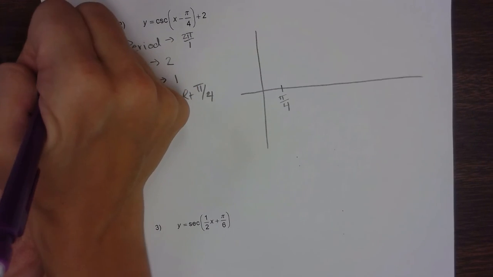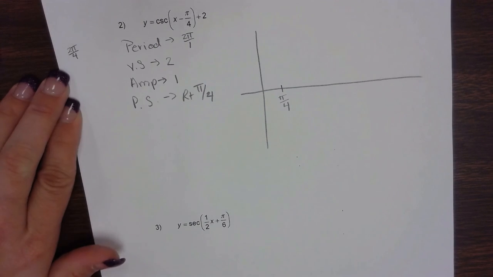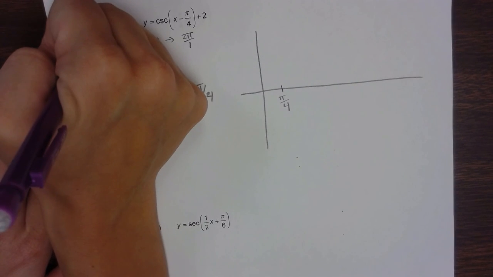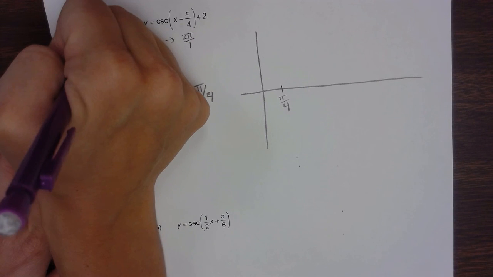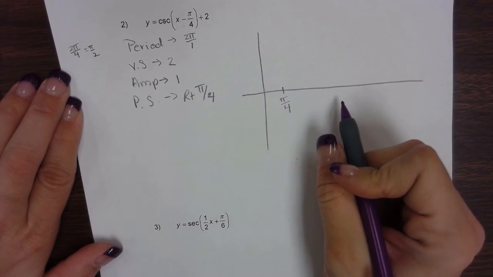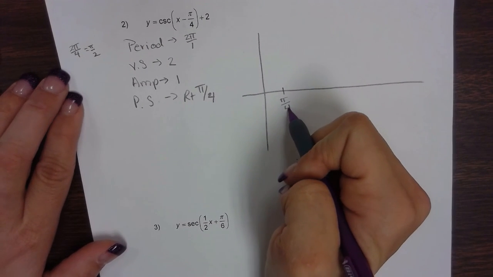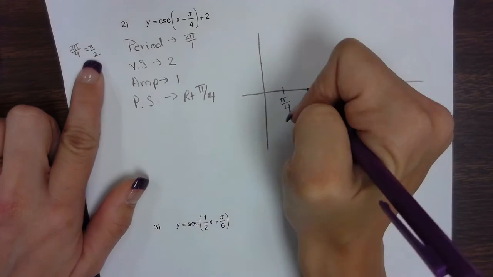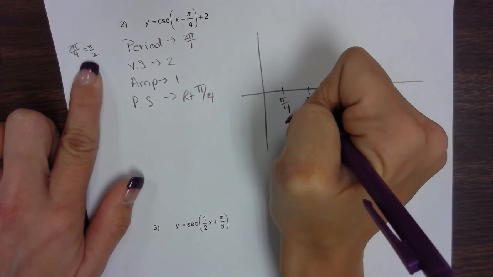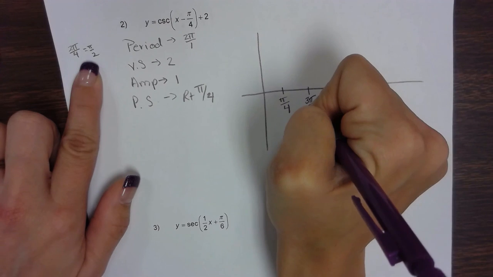Okay, so when we do 2 pi divided by 4, because that's our period in 4 sections, we are going by pi over 2. So we're going to add pi over 2 each time. If we add pi over 4 and pi over 2, we get 3 pi over 4.